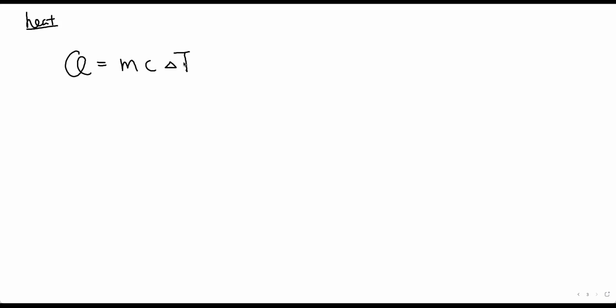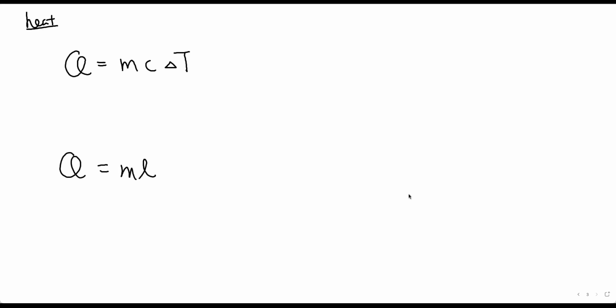And then there's another formula, Q = mL. This one is the energy required to change the state of an object with mass m. Another term for it is the latent heat.